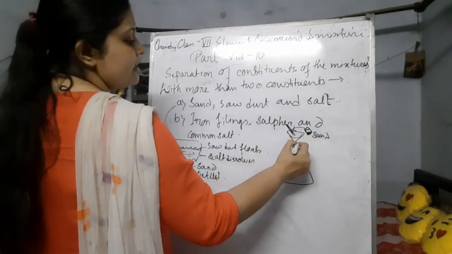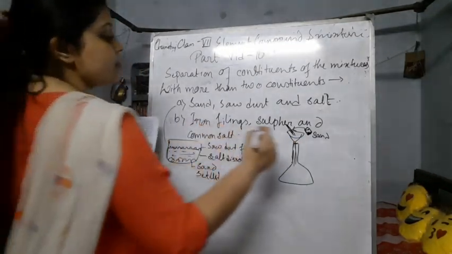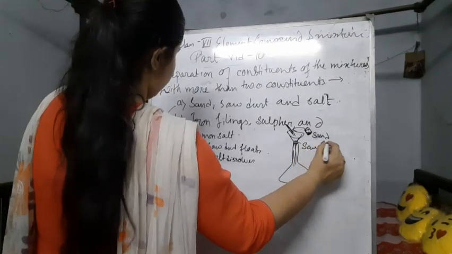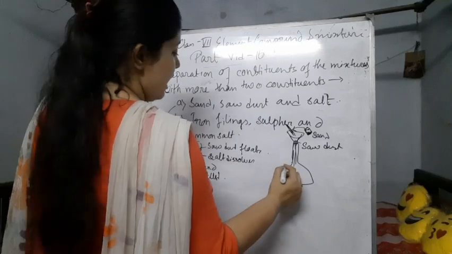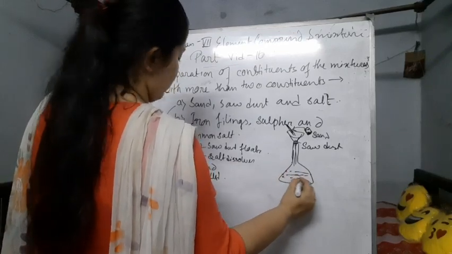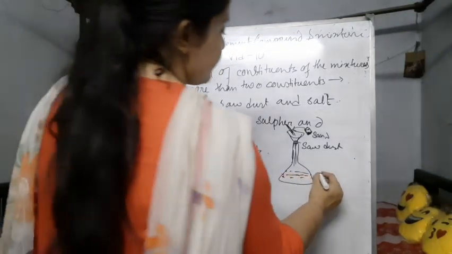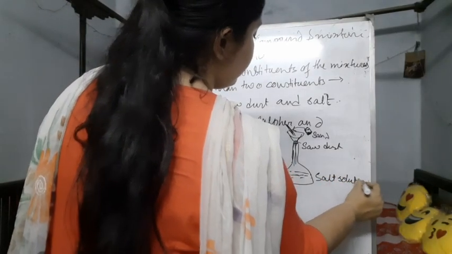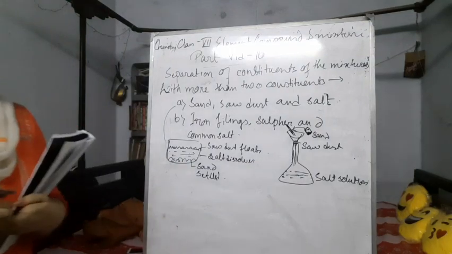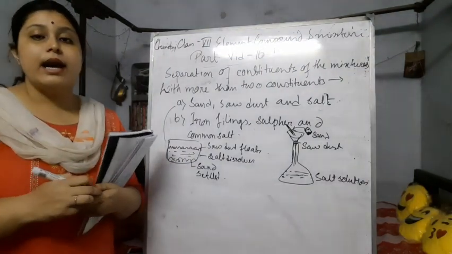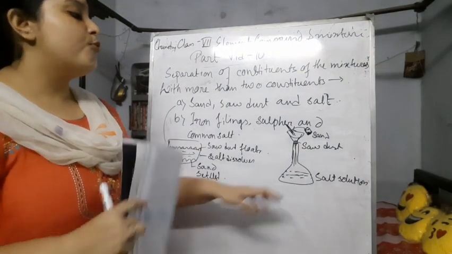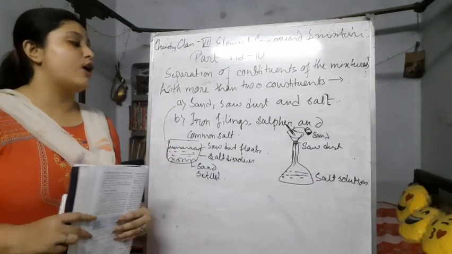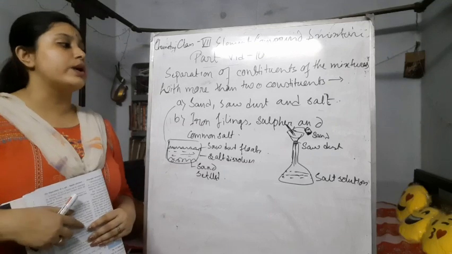As we filter this liquid, the sawdust separates out in this part and the salt solution comes into the flask. From this salt solution we can evaporate the water and obtain the salt. So this is the procedure for the separation of sand, sawdust and salt.